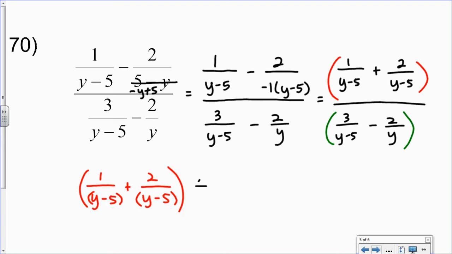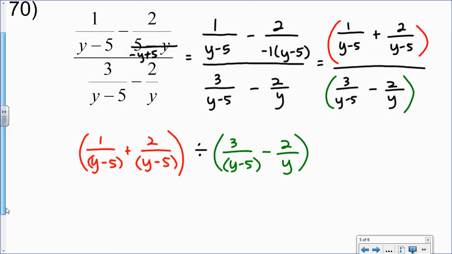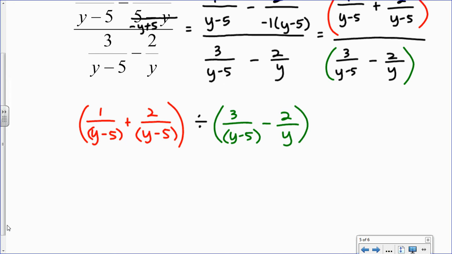Okay, divided by the denominator, so 3 over y minus 5 minus 2 over y. Well, simplifying the numerator is easy because they already have a common denominator. So add across the top, and we get 3 over y minus 5.